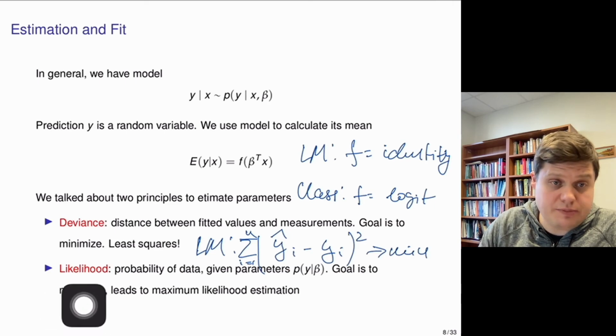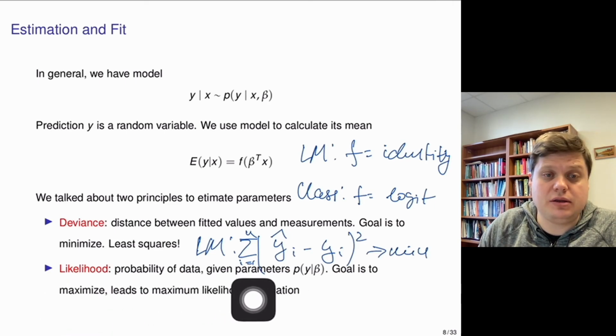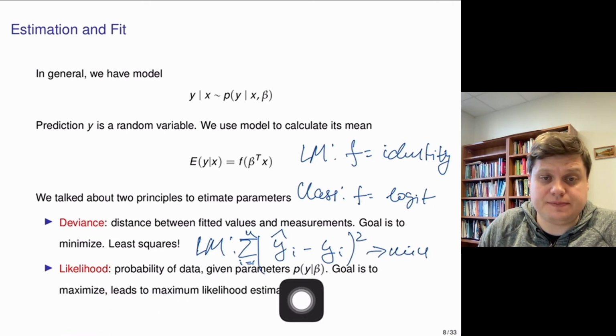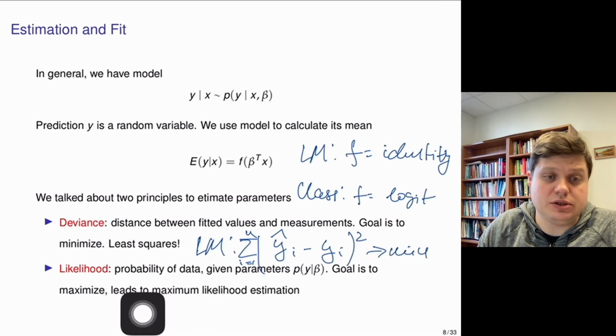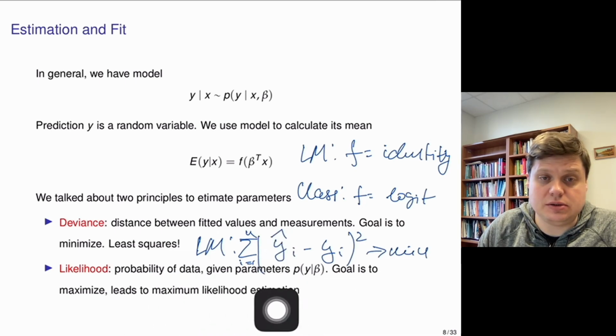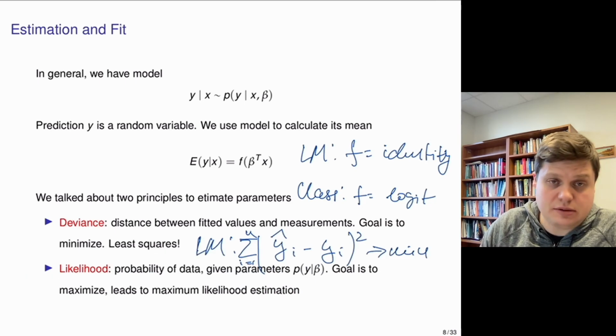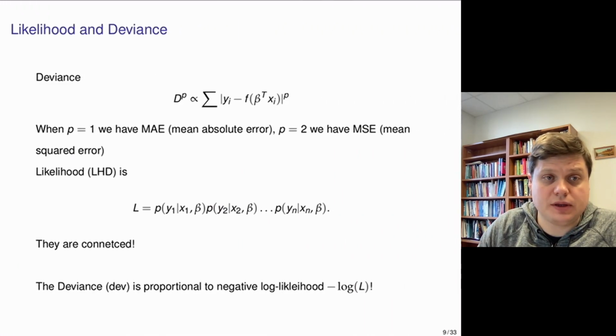And the likelihood, the principle we just talked about, is the probability of the data given parameters. And the goal is to maximize it, which leads to maximum likelihood estimation. So those two principles, you saw the application of those applied to linear models. Okay.